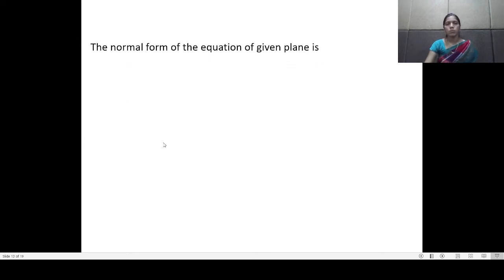Now the normal form of the equation of the given plane is r bar dot (minus 2i cap plus j cap minus 2k cap)/3 equal to 2, since 6 by 3 is 2. Comparing this equation with r bar dot n cap equal to p, we get p is 2.